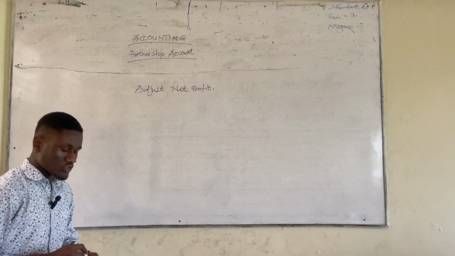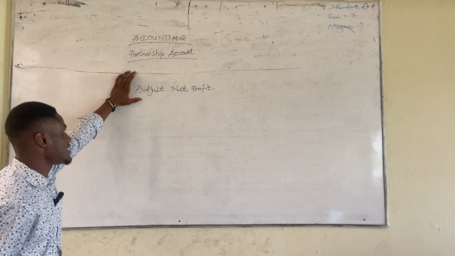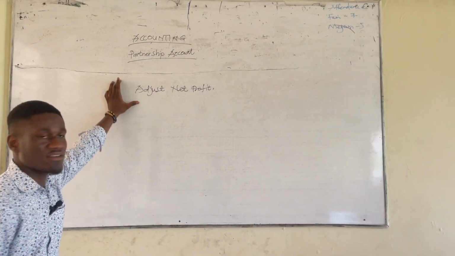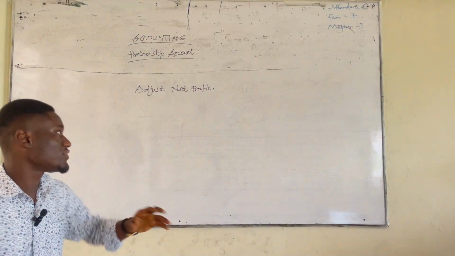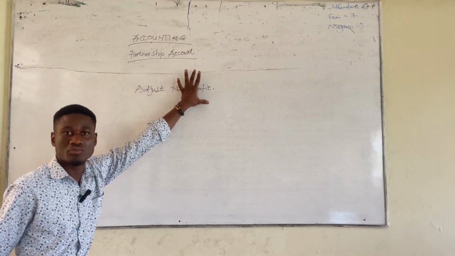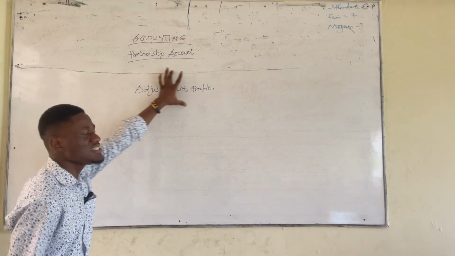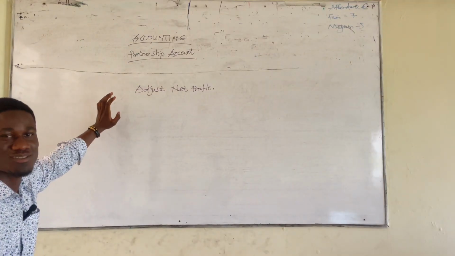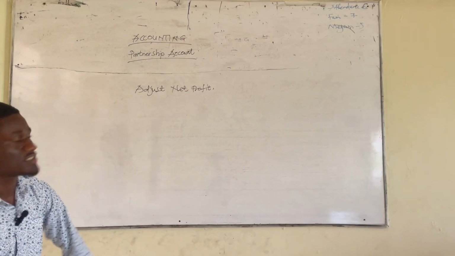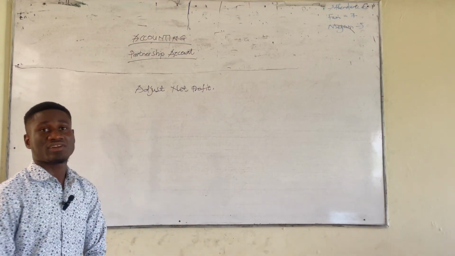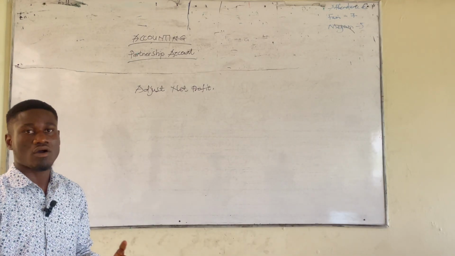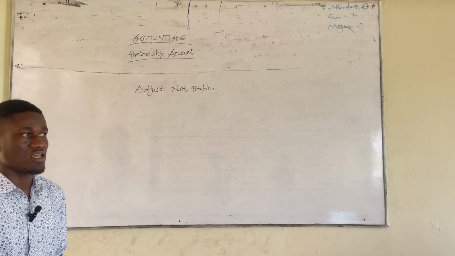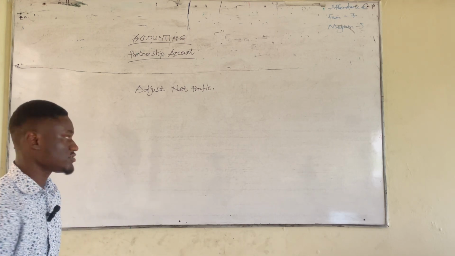To adjust a net profit, the initial net profit will be given to you. So you first have to think: of the items given in the question, which will affect the net profit? The items that affect net profit are found in the trading profit and loss account, or the income statement, right?